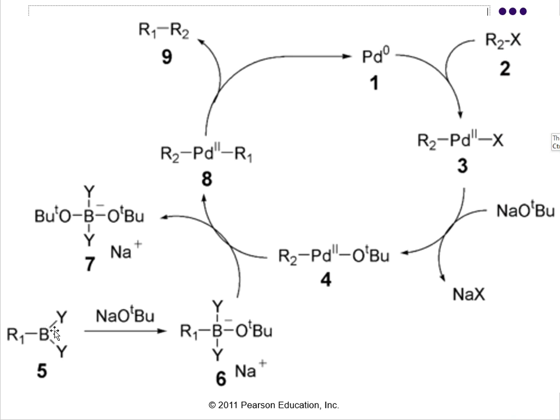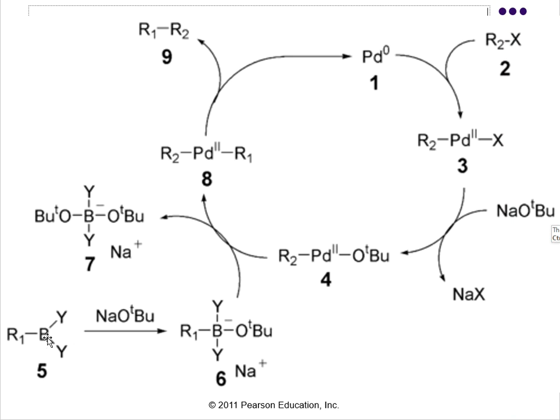Then over on the other side at step number 5, we have this boron-containing group that has a halogen on it, and has an alkyl group on it, some type of carbon. And that also is in the base, the same base as the palladium compound was in, because they're in the same flask. Number 5 goes to number 6 in a very similar way.